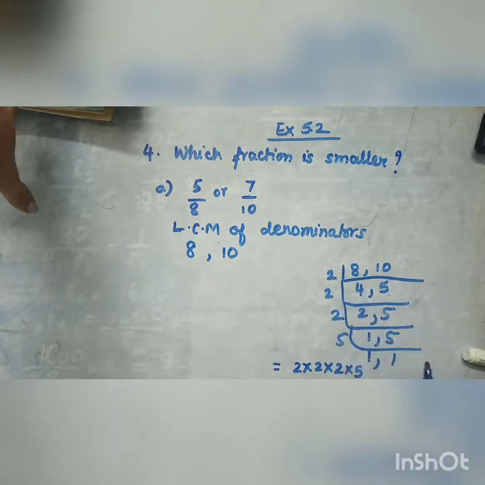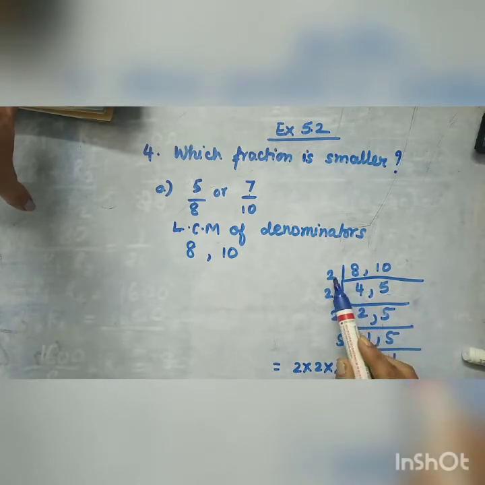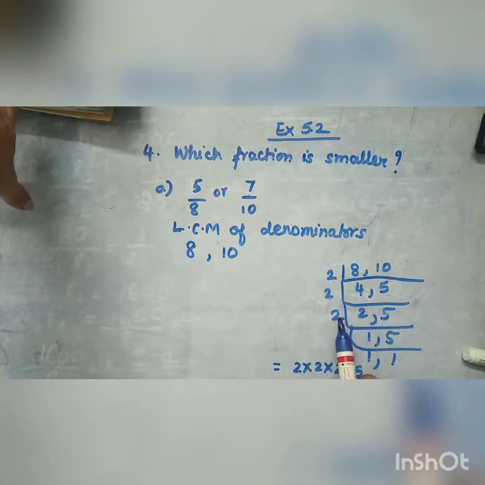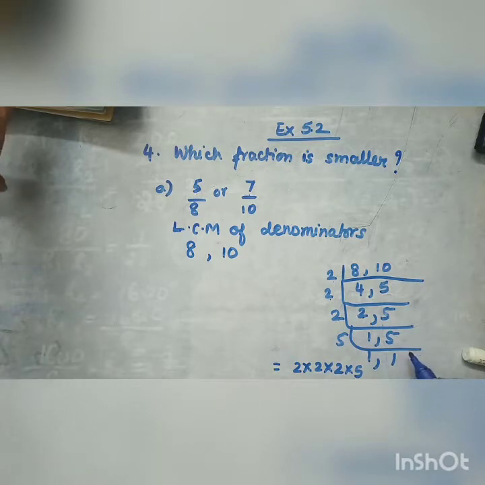So 2 is the common factor for these two numbers. So I have just taken 2, and 2 fours are 8, 2 fives are 10. Then again I have taken 2 factor, so 2 twos are 4 and here 5. Then again 2, this will give you 1, and 5 will give you the remainder as 1 and 1.